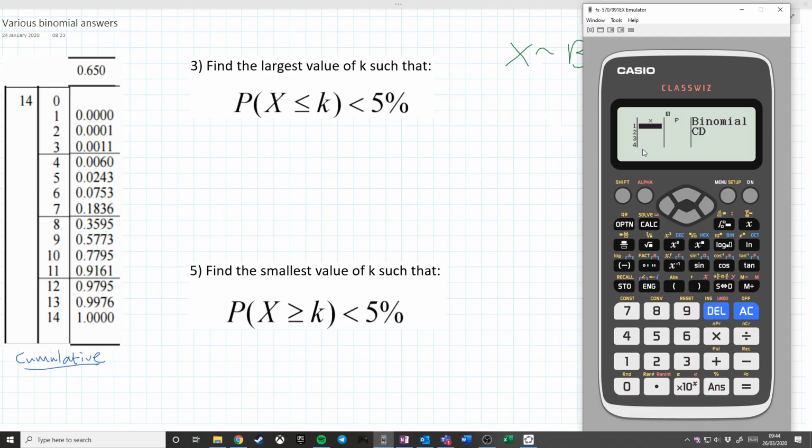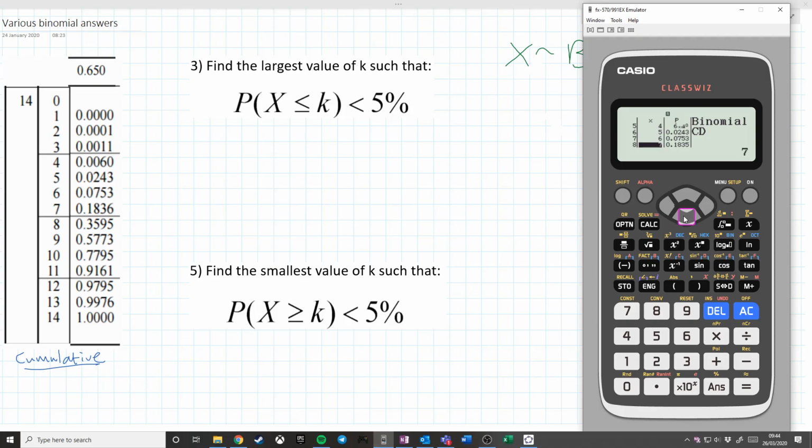You could not write all of them in, but since we're doing n is 14, we're going to go 0 to 14. Then you're going to press equals, and you're going to type in your values that you need, 14 and 0.65. And you will get the table there.